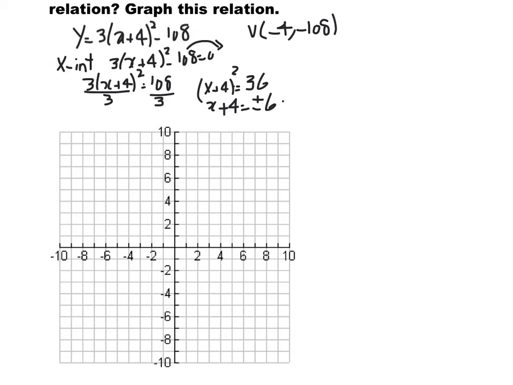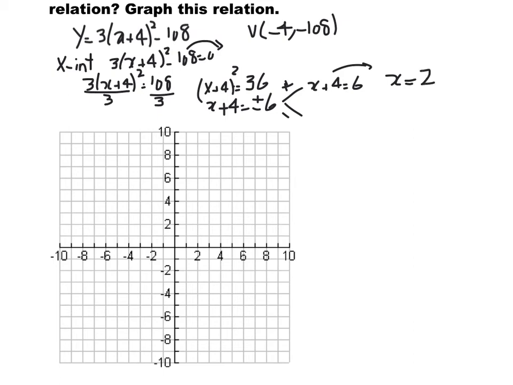So there are two solutions. Either I can go with plus 6, I show it with a plus here, or I can go with -6. If I use plus, I get x plus 4 is equal to 6. Move it to the right, I get x is equal to 6 minus 4, which is 2.